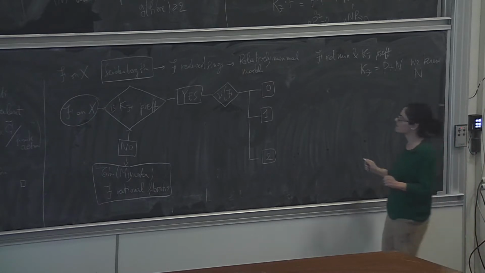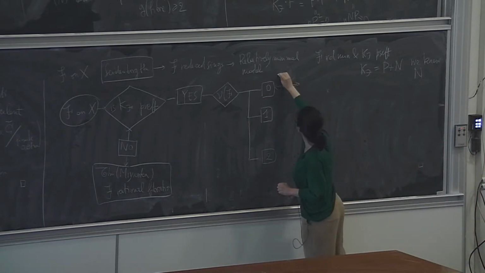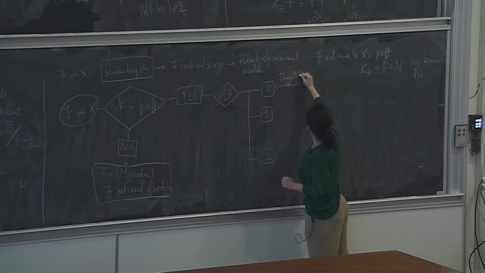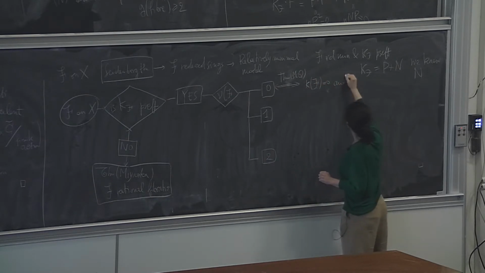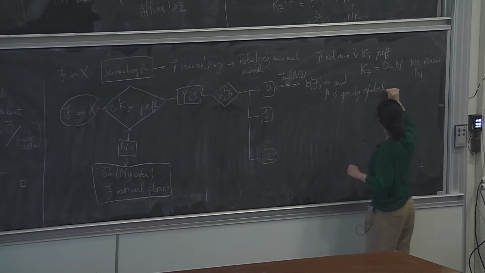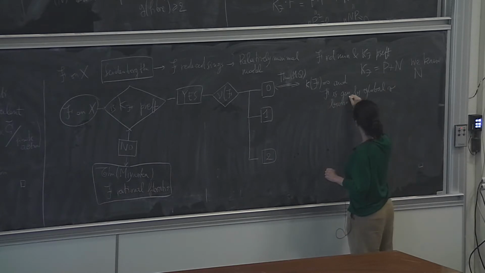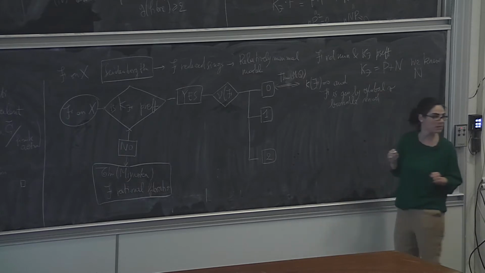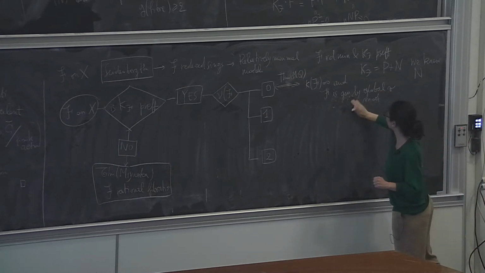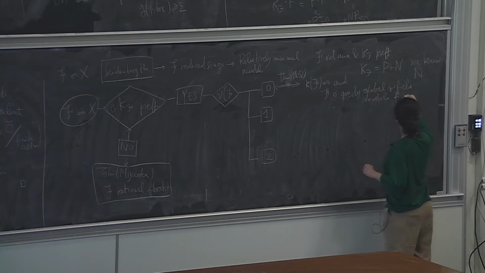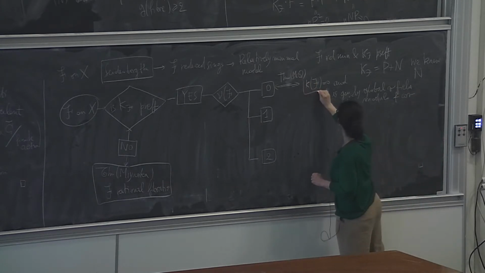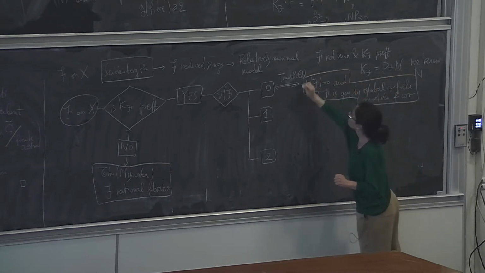And if the numerical dimension is 0, then by this theorem by McQuillan, the Kodaira dimension of F is 0, and F is generated by a global vector field, modulo finite covering.